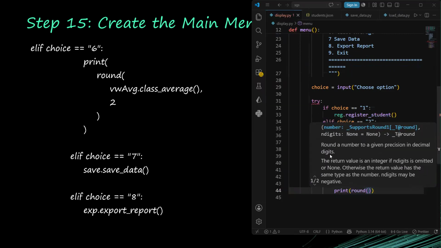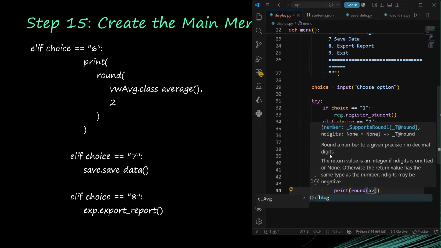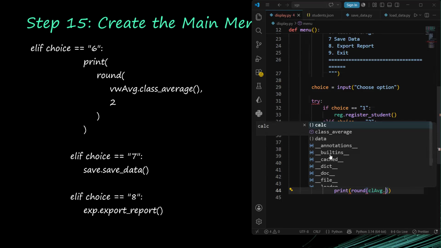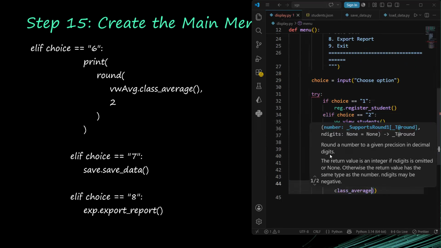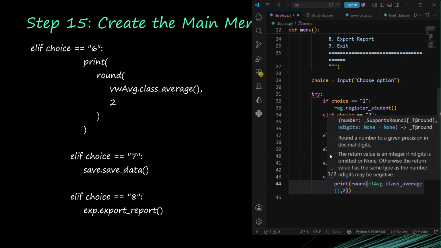So we want to do average, calculate average dot class average, and then round it to 2.